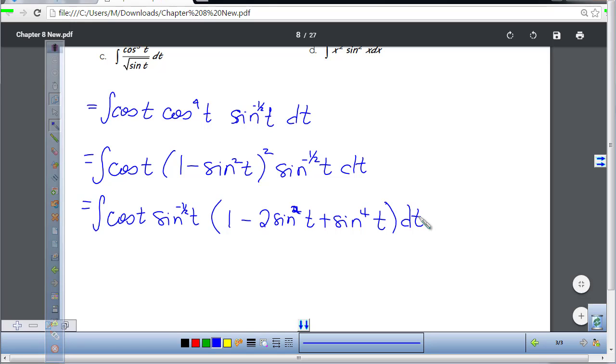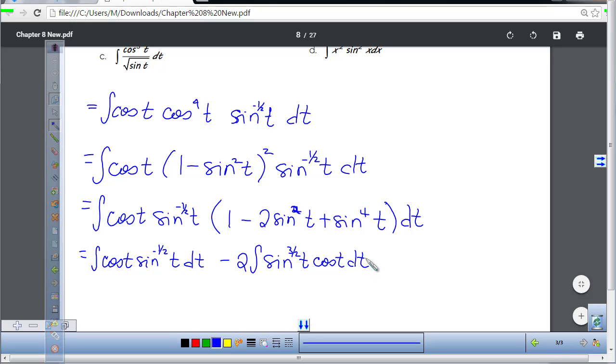Okay, everybody with me? All right. And so I can distribute this to each one, and we get the integral of cosine t sine to the negative 1/2 t dt minus 2 times the integral of sine to the 3/2 t cosine t dt.